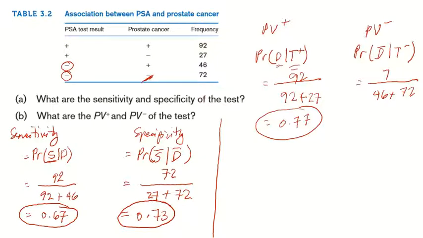It's this group. 72 will be our numerator. So when we divide, the answer will be 0.621. And there you go. Now we've solved for the sensitivity, specificity, predictive value positive, and predictive value negative for PSA test for prostate cancer.